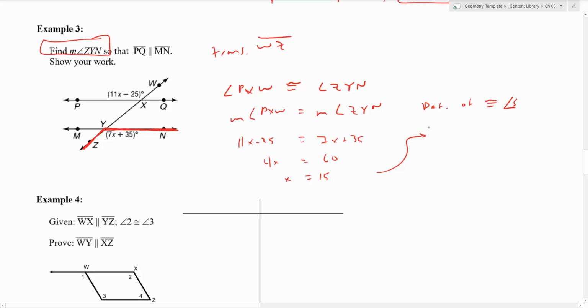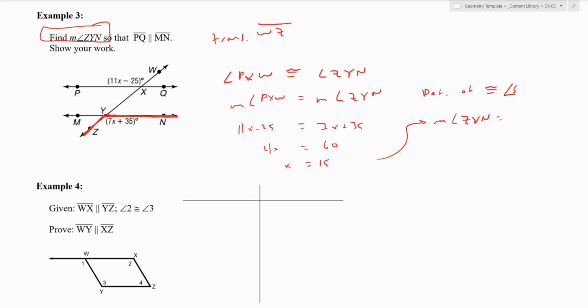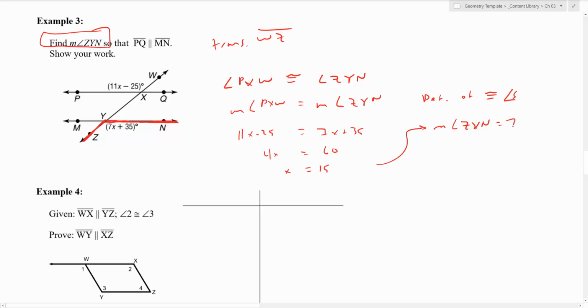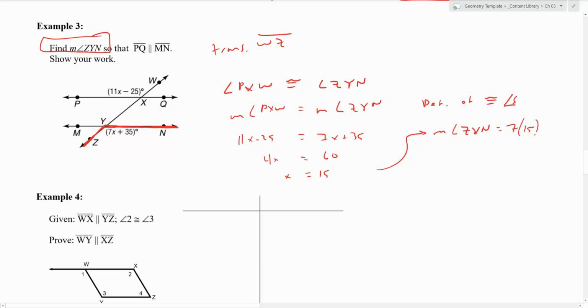The measure of angle ZYN, that's y, equals 7 times 15 plus 35. 7 times 15 is 105, plus 35 equals 140 degrees. No big whoop, right?